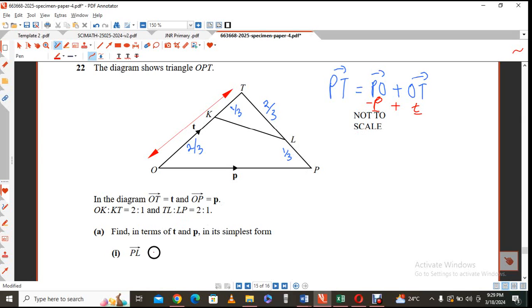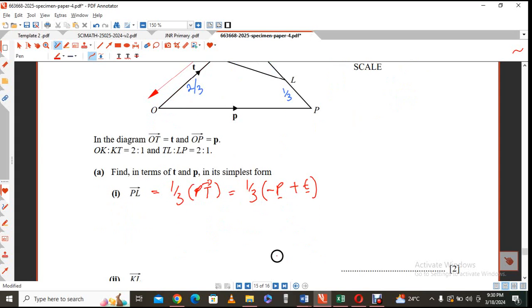And you find PL by simply saying that is a third of PT, which is a third of what I just got, which was minus P plus T.